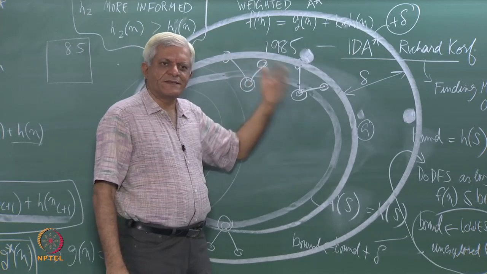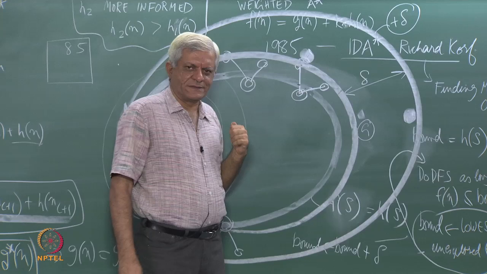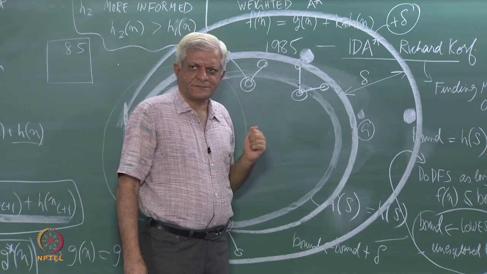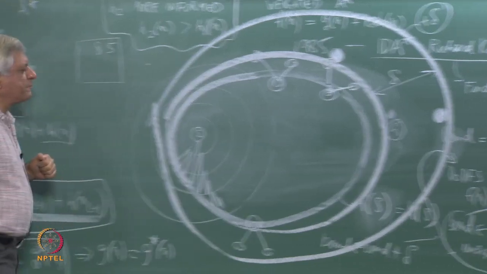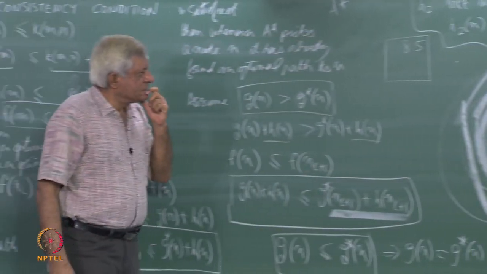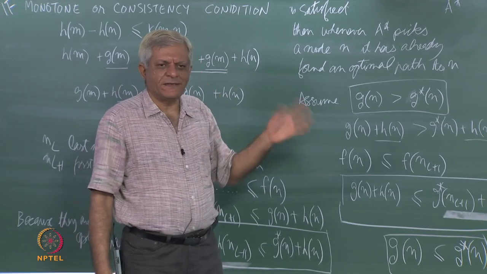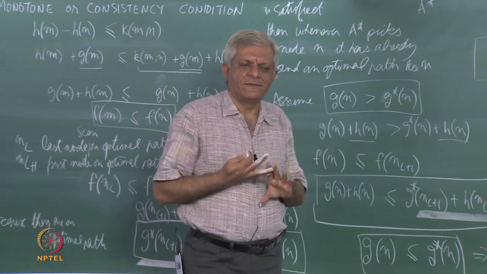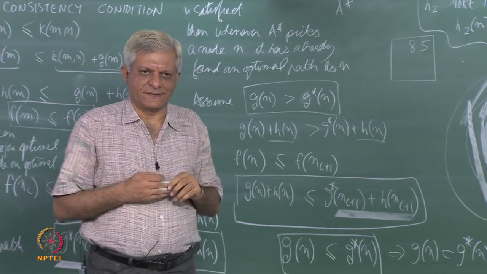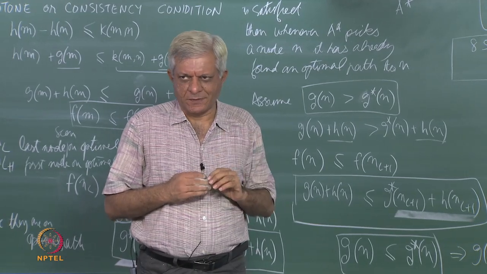So, the number of iterations that you do would drop essentially. So, it is nice in the sense that it takes linear space essentially, and it guarantees an optimal cost.